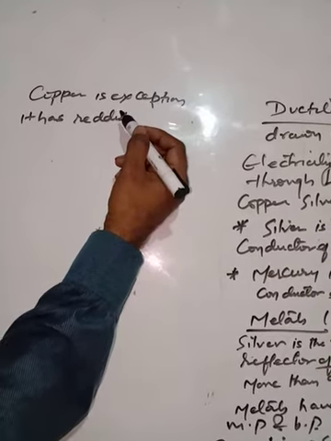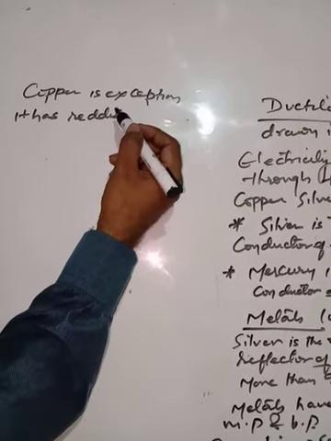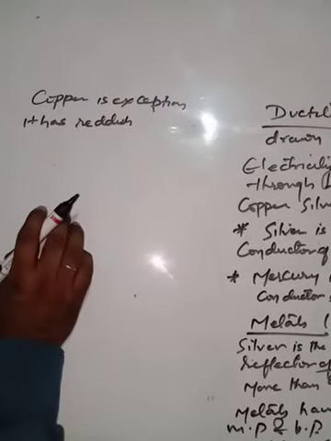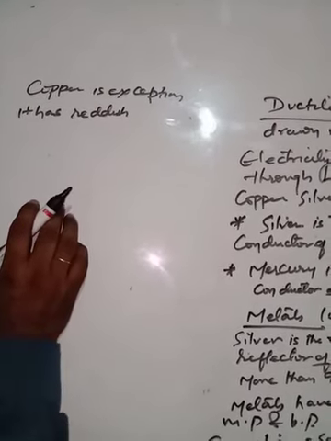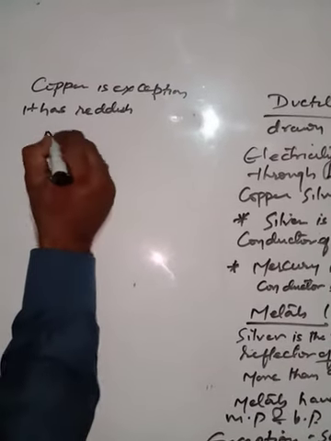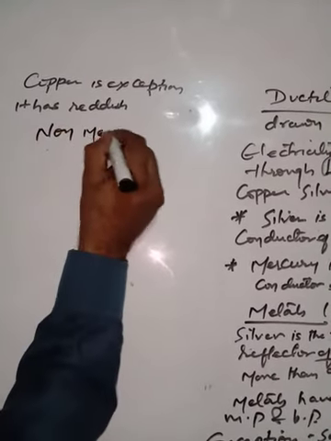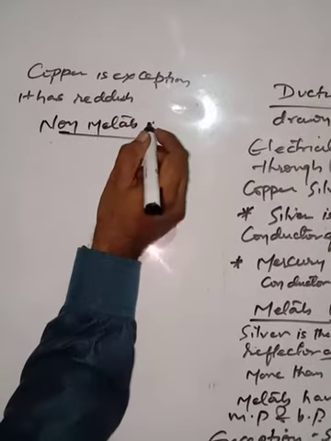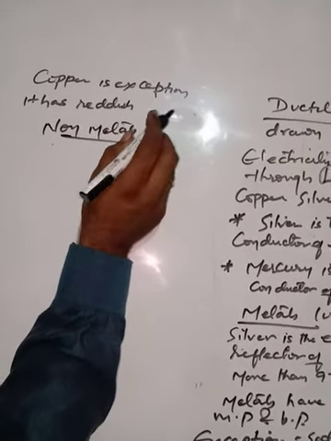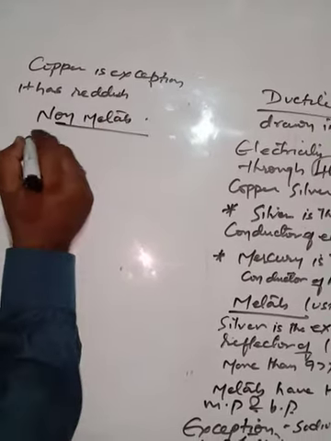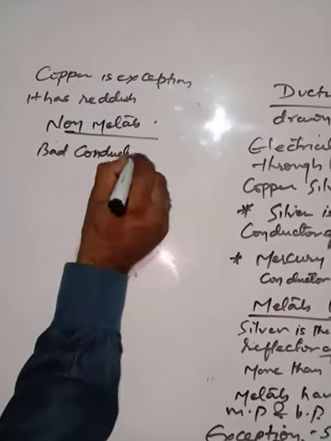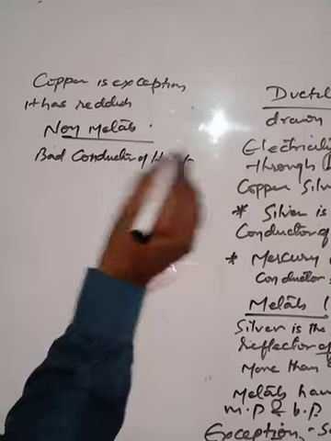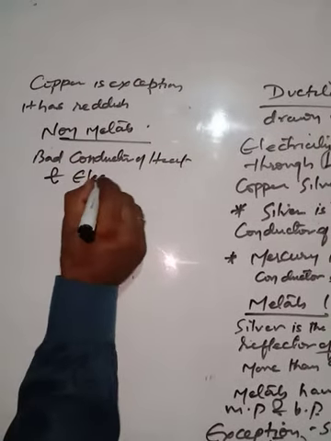But in non-metals, the condition changes. Regarding non-metals, we will find very different examples. Non-metals are not ductile, not malleable. Non-metals are bad conductors of heat and electricity.